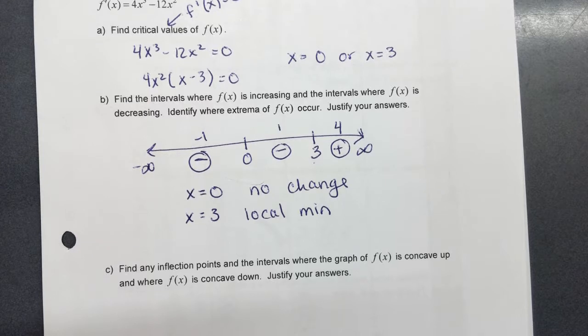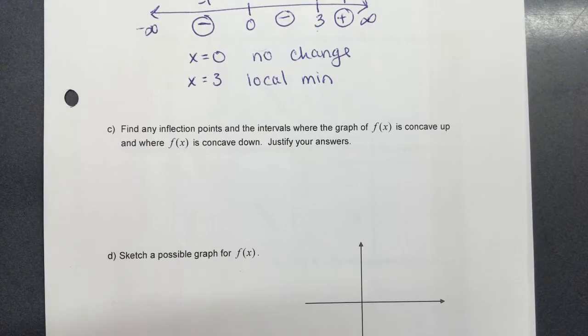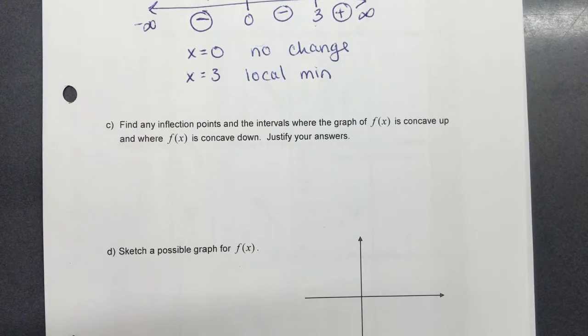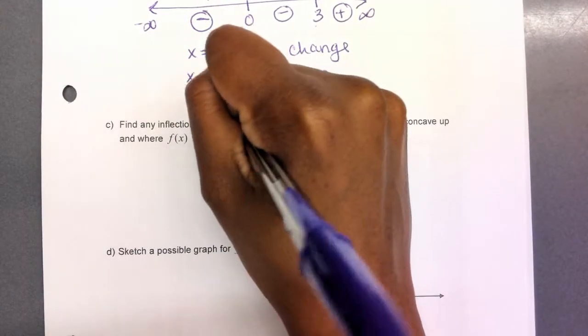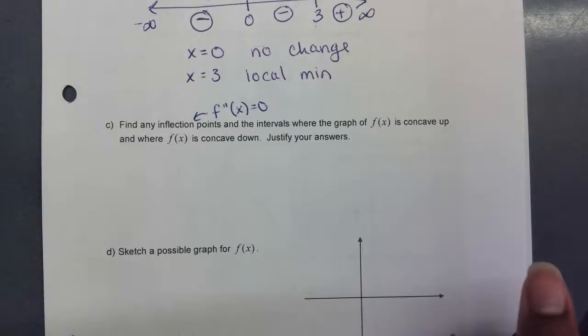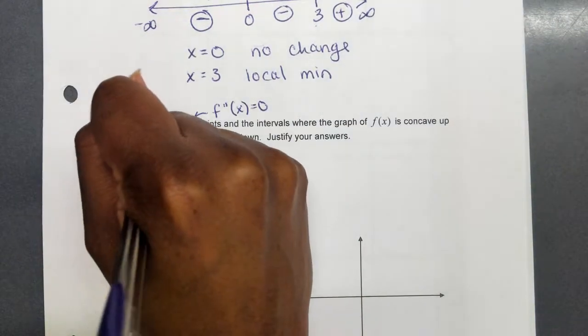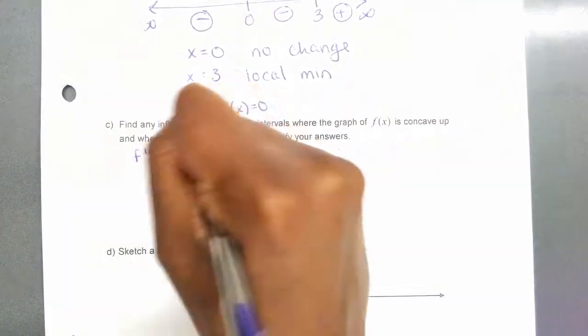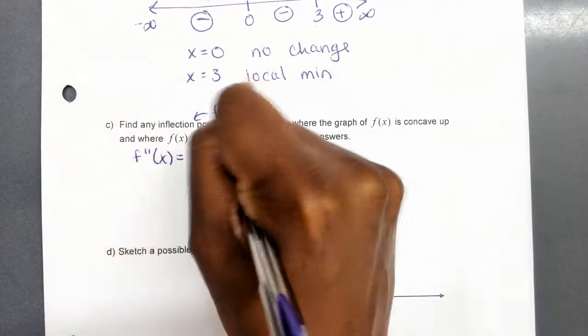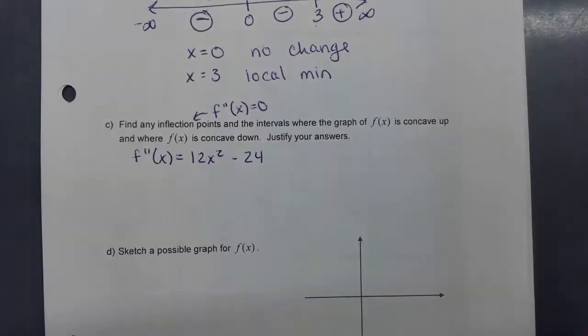Okay. So now for part C, we want to find inflection points. So inflection points means we're looking for when f double prime of x is equal to 0. So we need to find f double prime of x, which we know is going to be 12x squared minus 24x.